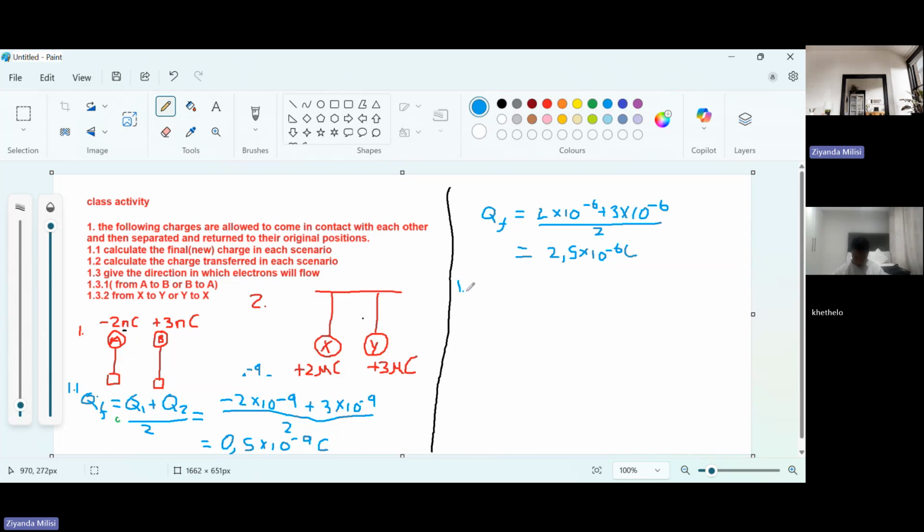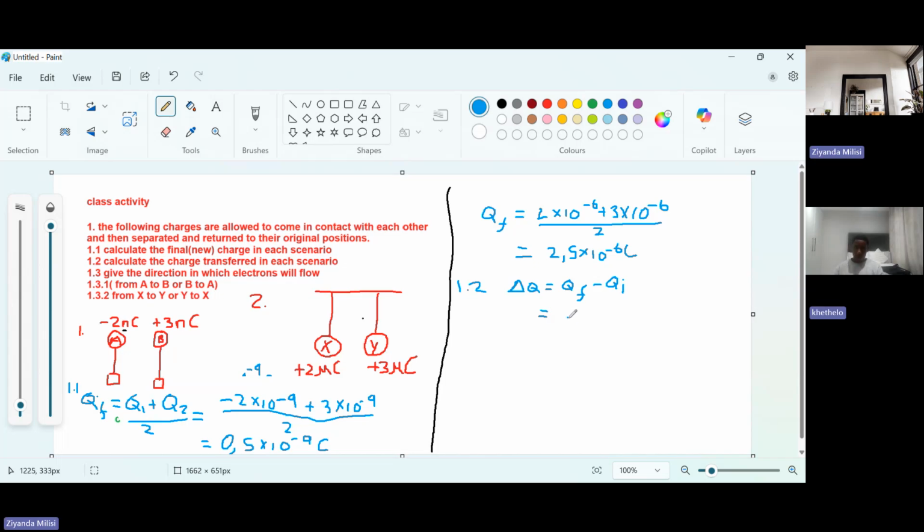Then for 1.2, you are asked to calculate charge transferred. The symbol for charge transferred is change in Q. So we start with scenario 1, Q final. But there are 2 initial charges. You can use any of the 2, and the answer will be the same. The difference is that one will be negative while the other will be positive.